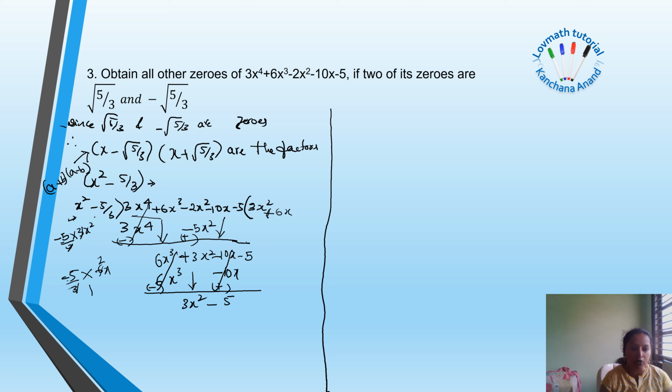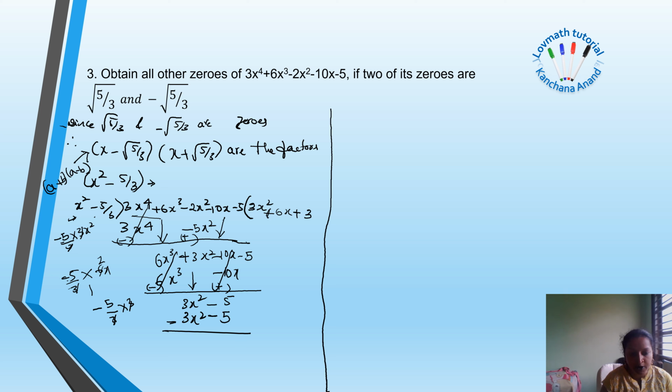And again we have to divide this further, so we have to multiply by plus 3. Therefore 3 into x square is 3x square, and minus 5 by 3 into 3 is minus 5, as 3 and 3 get cancelled.